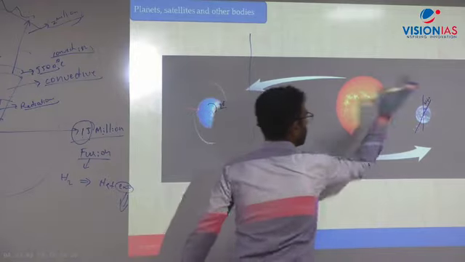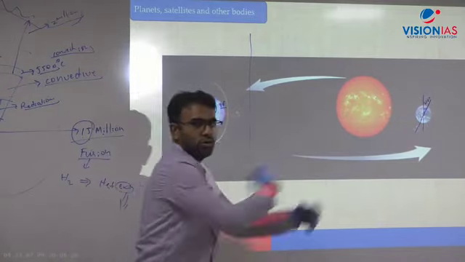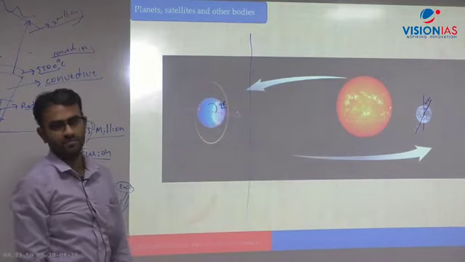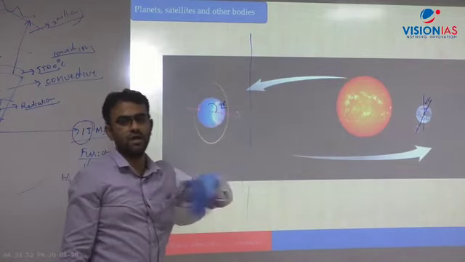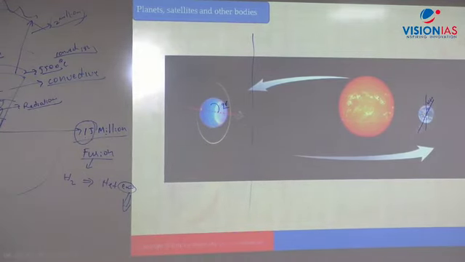So Earth rotates like this, Uranus rotates like this. So basically it is rolling on its orbit around the sun. It's like a rolling drum. So that is the most peculiar feature of Uranus.